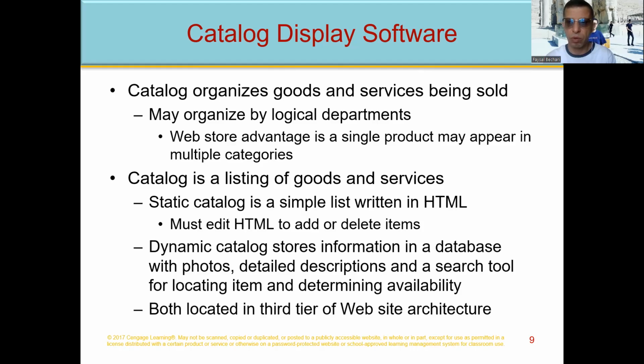Then you have dynamic catalogs, which store information in a database with photos, detailed descriptions, and a search tool to locate an item and determine its availability. That could be located in the third tier of the website architecture.